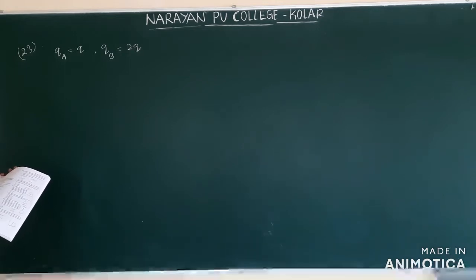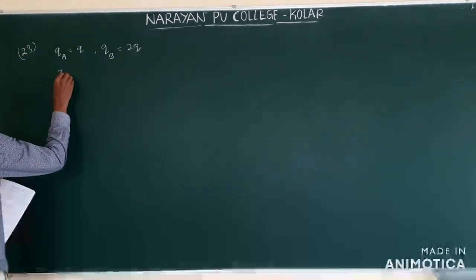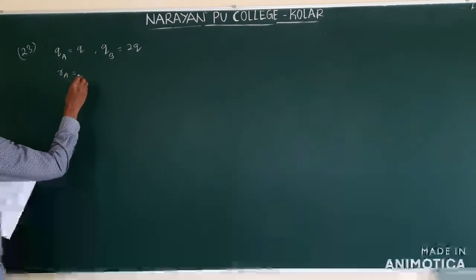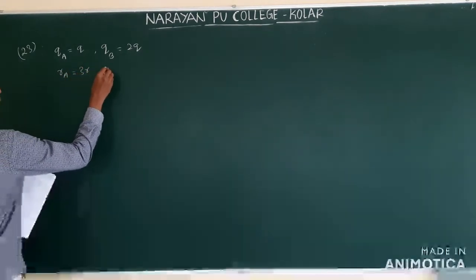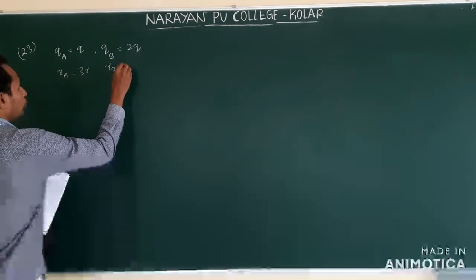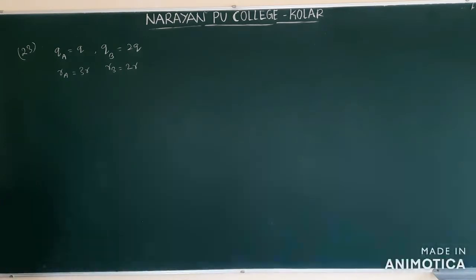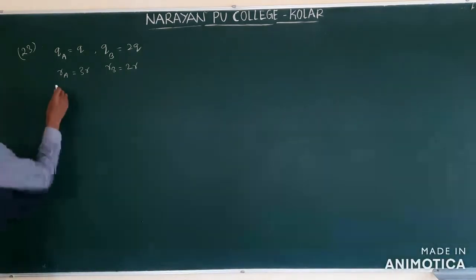Enter the region of uniform magnetic field. Describe circular paths of radii 3r and 2r. So RA is equal to 3r and RB is equal to 2r. The ratio of mass MA to mass MB.